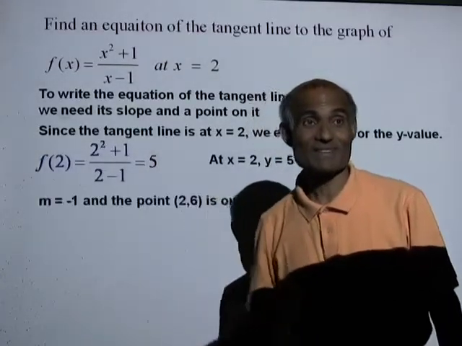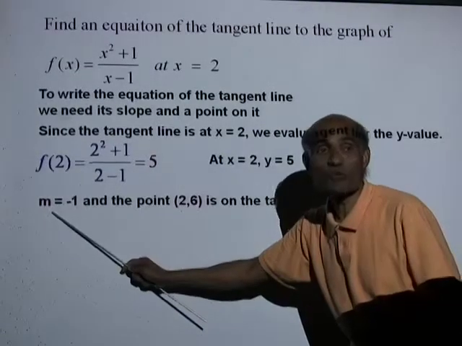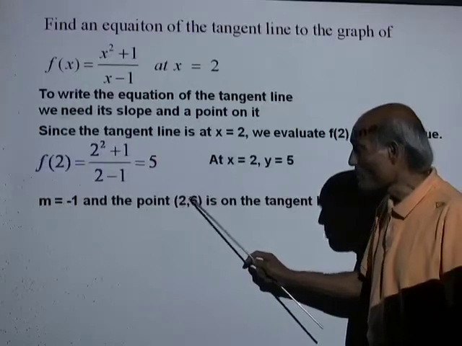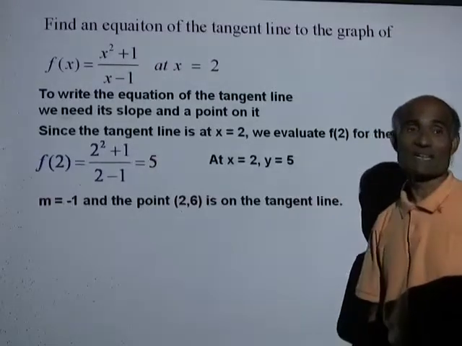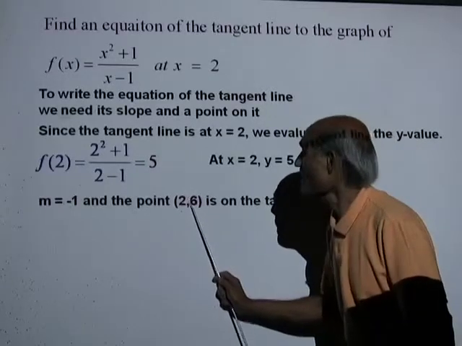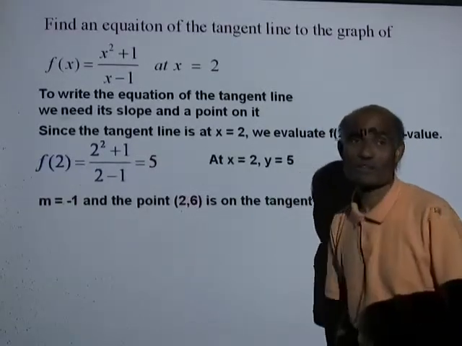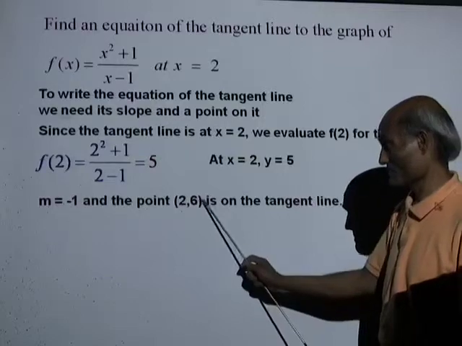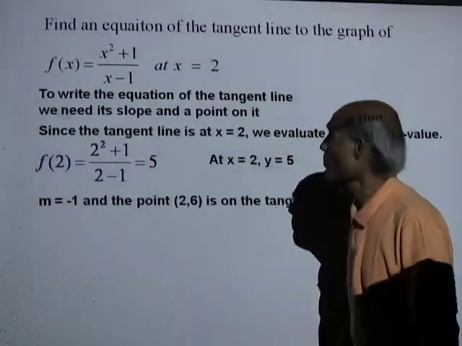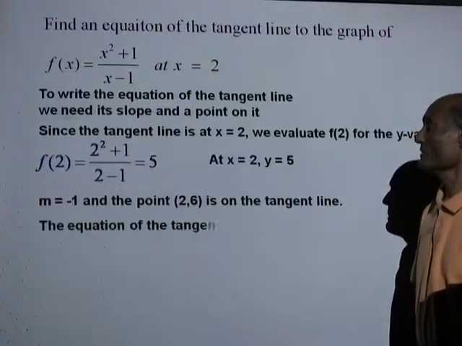Is that right? Yes. So we have slope equal to m equal to negative 1 and the point x, y is 2, 6. It means, well, 2, 5, not 2, 6. It must be 2, 5. Alright, make that correction. Our x1 equal to 2, y1 equal to 5.